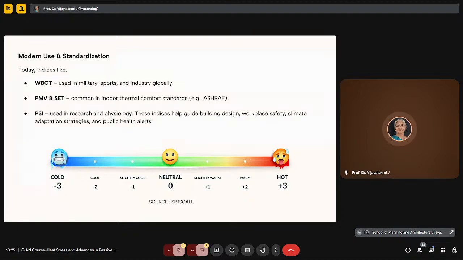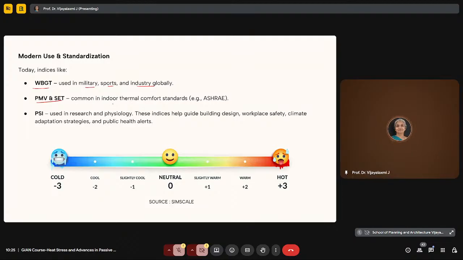So today, what do we use? Indices like WBGT are used primarily for military, sports, and industry, globally. The PMV and SET methods are common, and WBGT is also used for indoor thermal comfort.